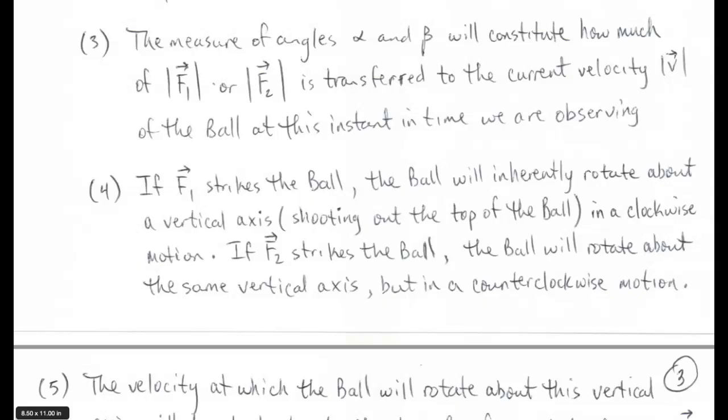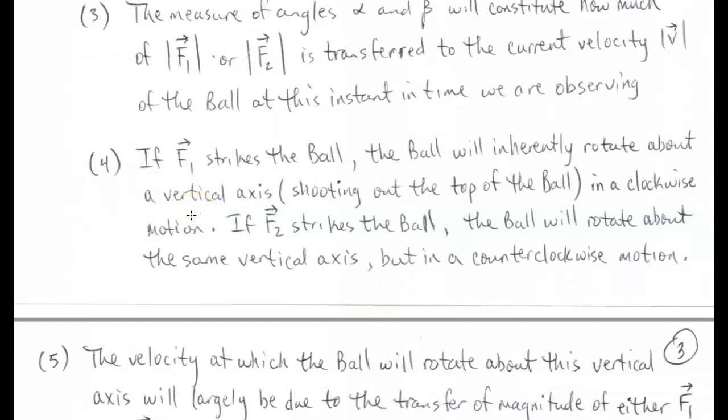In other words, based upon the angle at which the force strikes the ball, that indirectly tells us how much of the magnitude from those respective vectors would transfer over to the ball on the path of vector V. We also know that if F1 strikes, the ball will inherently rotate on the vertical axis, like I told you before. And if F2 does the same thing, it will rotate.